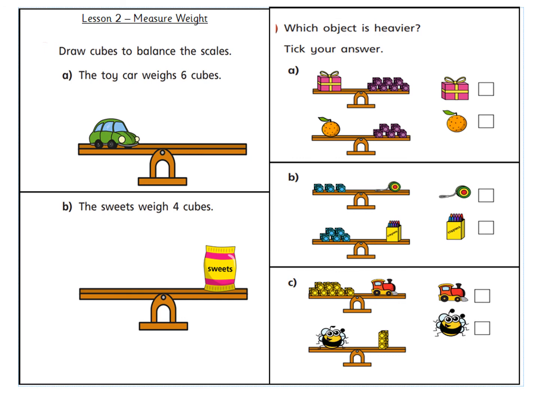So you need to draw them on the scales, and the same with the pack of sweets. And then you need to decide which object is heavier between the present and the orange, the yo-yo and the crayons, and the train and the bee. Okay, so count the cubes, and the more cubes it takes, the heavier the object is.